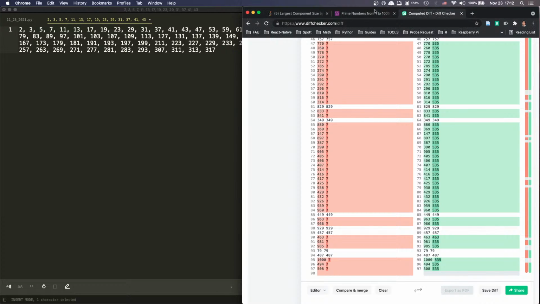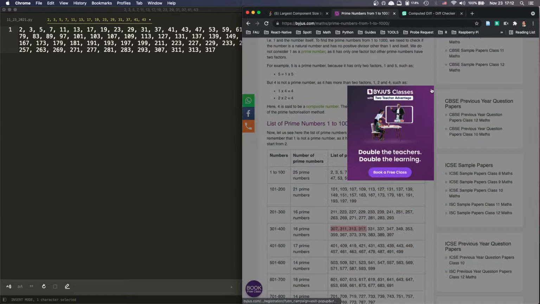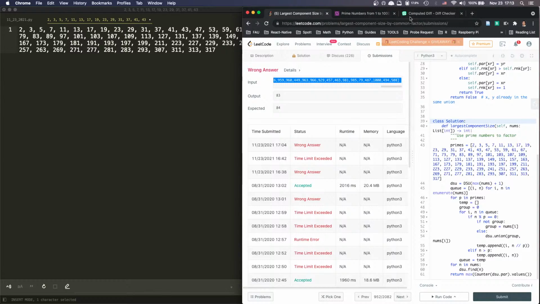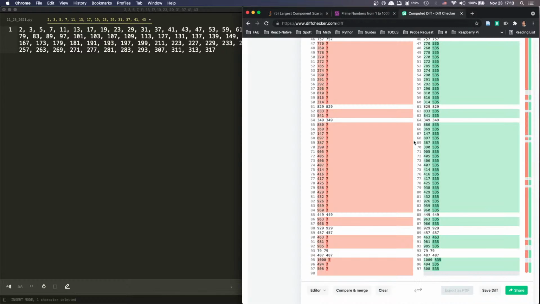Wait, is 463 a prime number? Yeah, 463 is a prime number. But I say here 463 can be grouped with 7, which means some value is 463 multiplied by something.